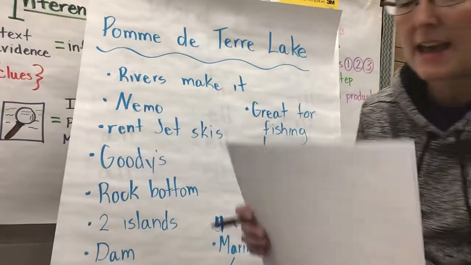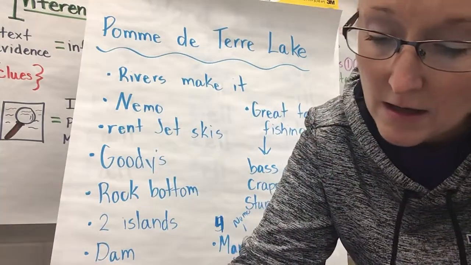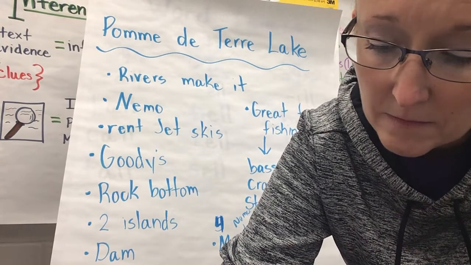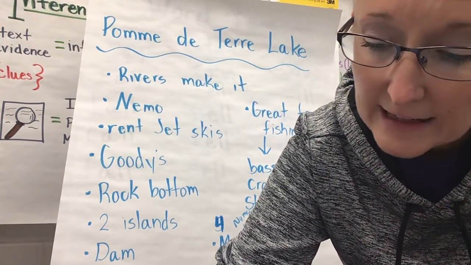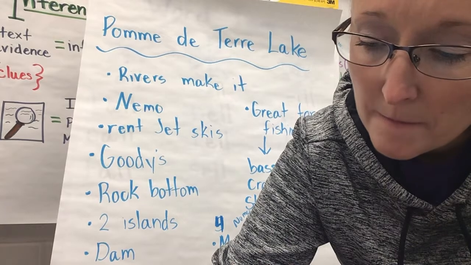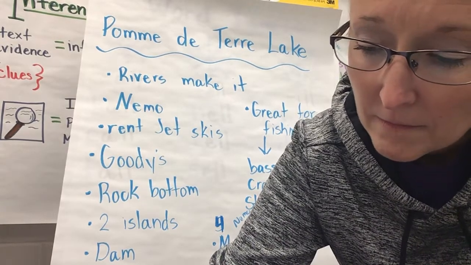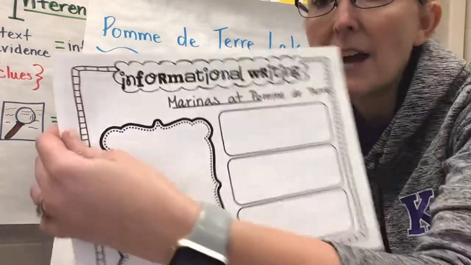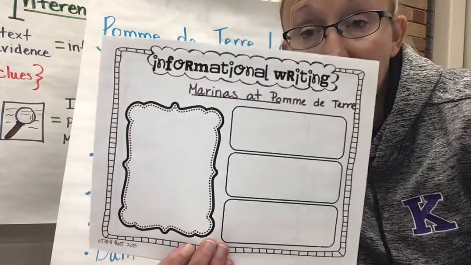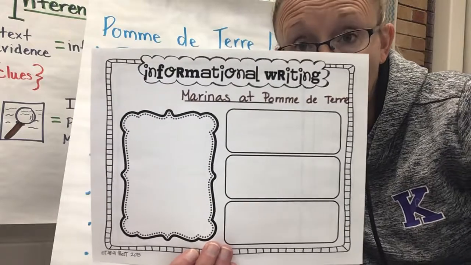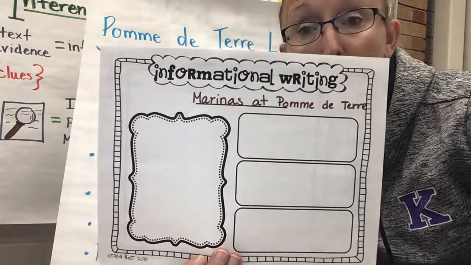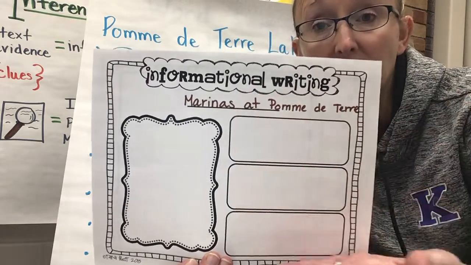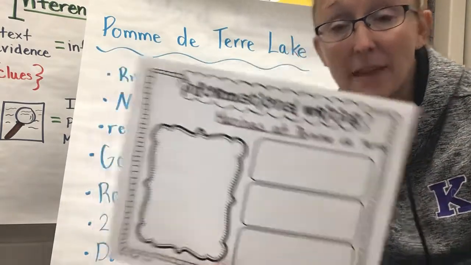So I might say marinas at Pomme de Terre. So I gave a heading to this section. So this section of my book about the lake is going to be about the marinas at the lake. All right, so in each one of these boxes, I'm going to write a sentence about the marinas.